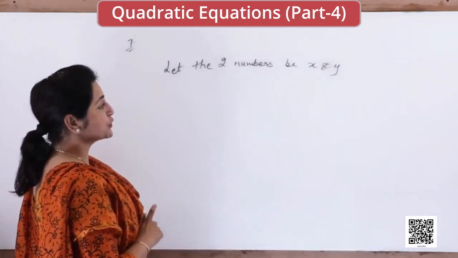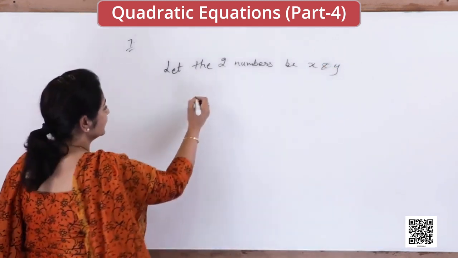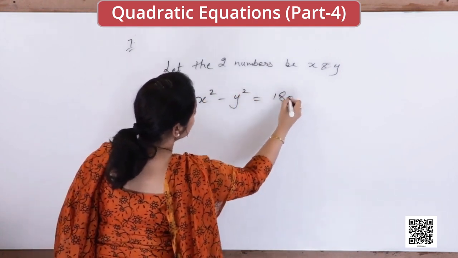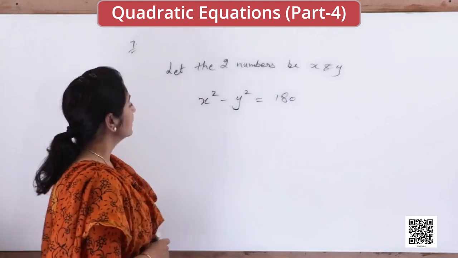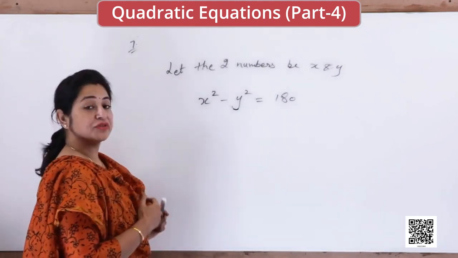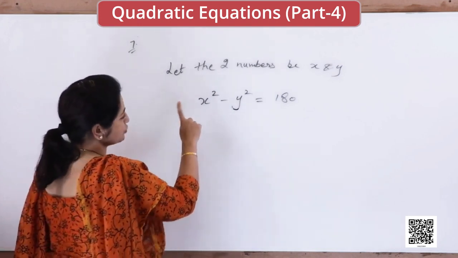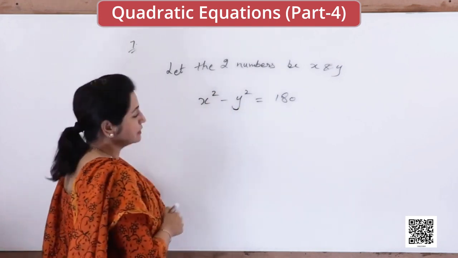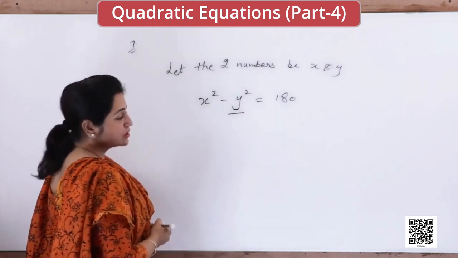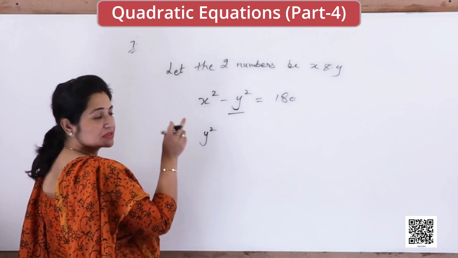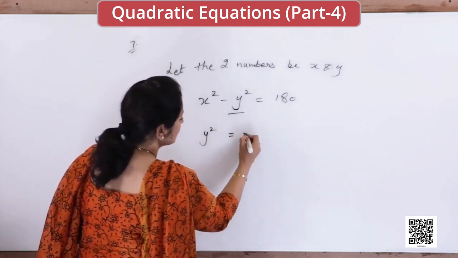Now the difference of squares of two numbers is 180. It means x square minus y square is equal to 180. And now the question says that the square of the smaller number is 8 times the larger number. Now here we have x square minus y square equals 180. It means y is the smaller number. So the square of the smaller number, that is y square, is equal to 8 times the larger number, that is 8 times x.